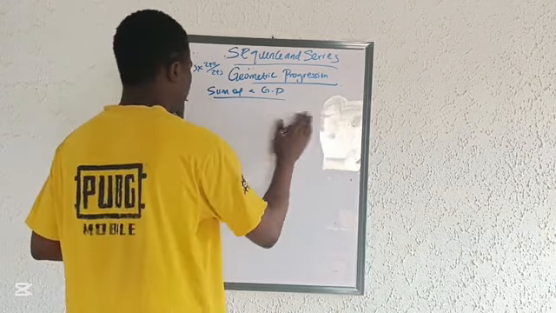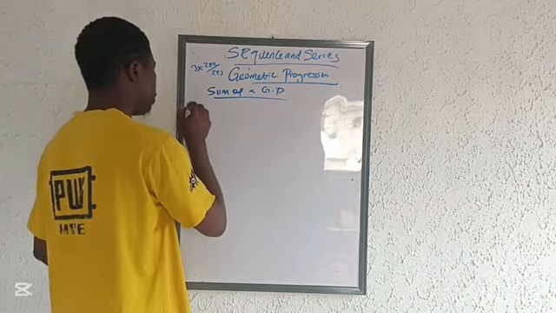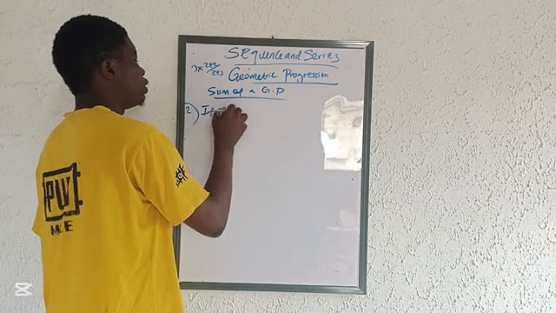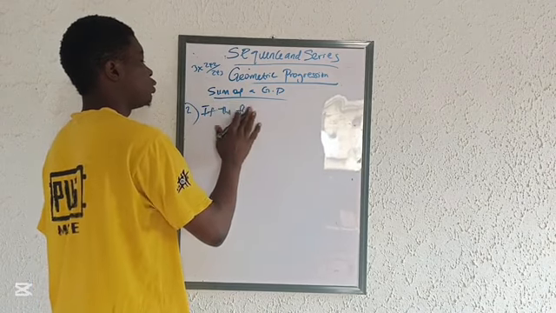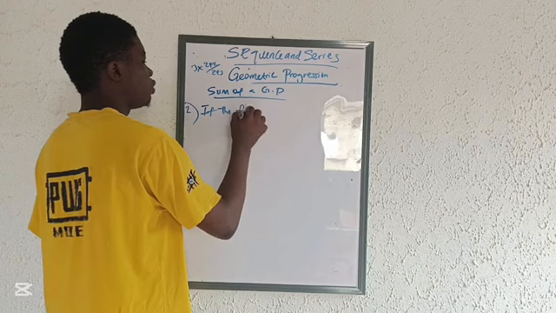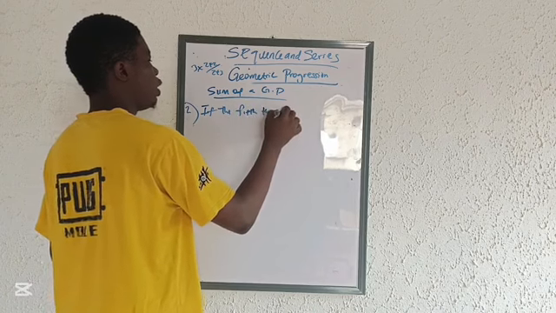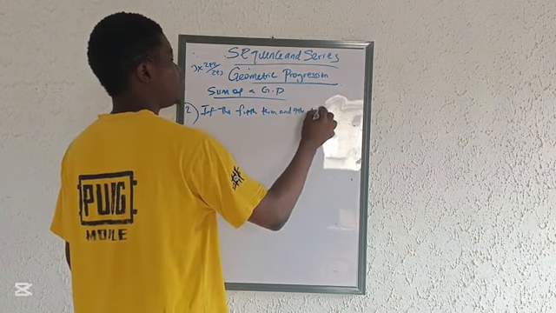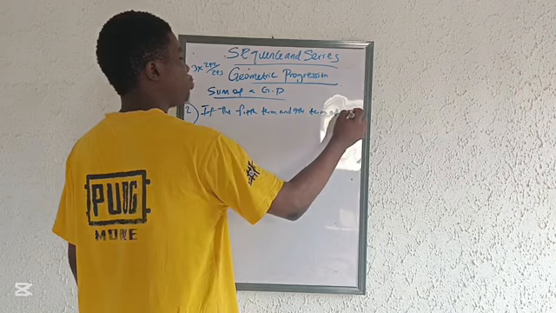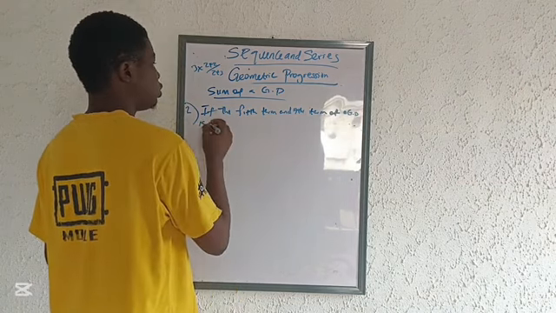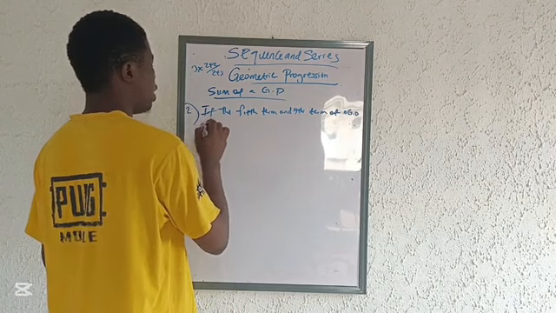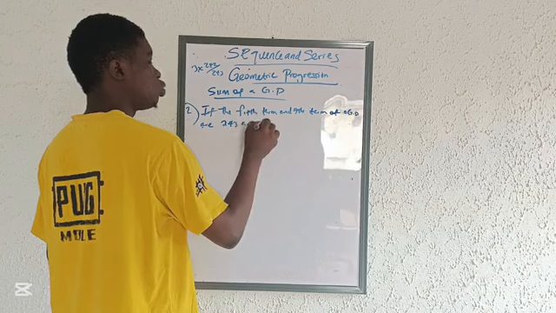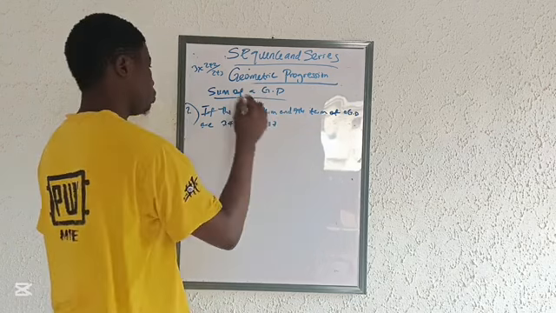Now, look at this. There was a question I wrote when I was teaching GP. If the fifth term and seventh term of a geometric progression are 243 and 2187, if I'm not mistaken.